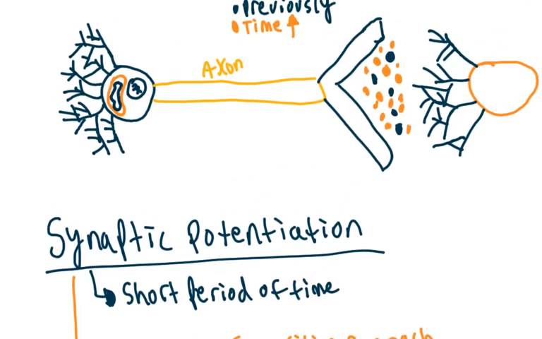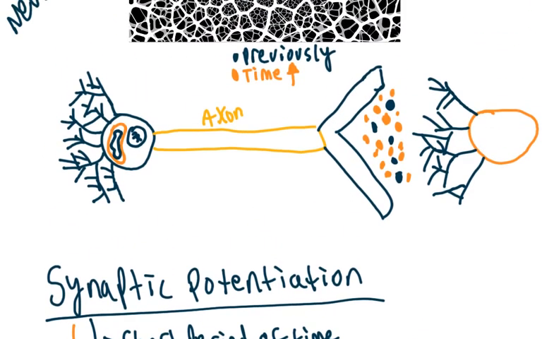And that gives us a better chance to fire an action potential on the postsynaptic neuron, or postsynaptic cell, right? It gives us more sensitivity because there's much more neurotransmitters that can bind to the receptors, all right?